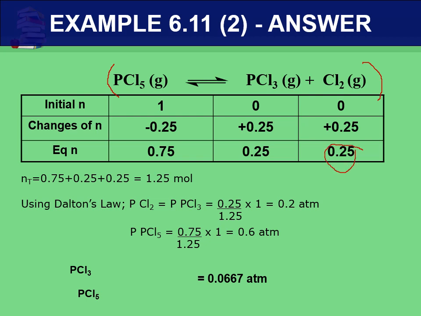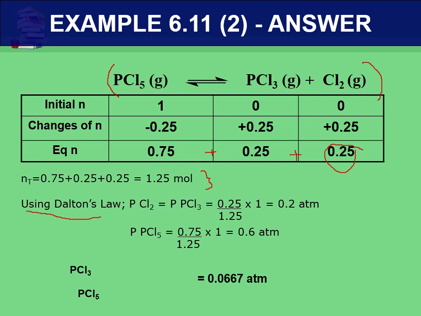So we are going to add in all the number of mole at equilibrium for each species. So 0.75 plus 0.25 plus 0.25. The total is 1.25 mole. Why do we do this? Because we want to use Dalton's law. Dalton's law states that we can find the partial pressure of the gas if we know the mole fraction and the total gas pressure.